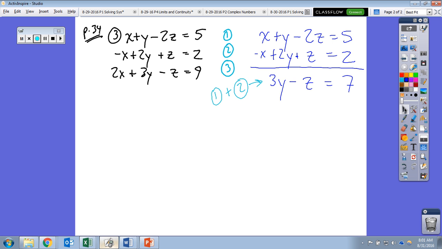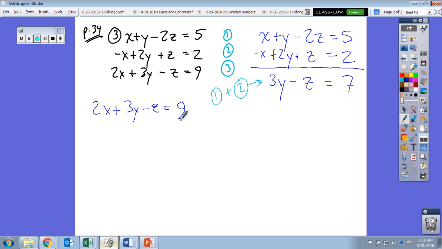Okay, so we know we have to deal with this guy, so let's write him down. I have 2x plus 3y minus z equals 9. Because I eliminated my x's when I developed the last equation, I also want to eliminate my x's with whatever I put with this guy. So I don't care, equation 1 or 2.